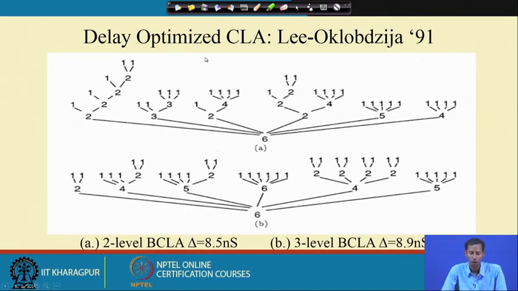Okay. So, then again, this is another example if I choose this delay optimized CLA circuit. At that time I can get the benefit. So, this is another example where we choose something like 1 1, then 2, then 1, then 2, then 1, then 2. 1 1 means this is the one input.